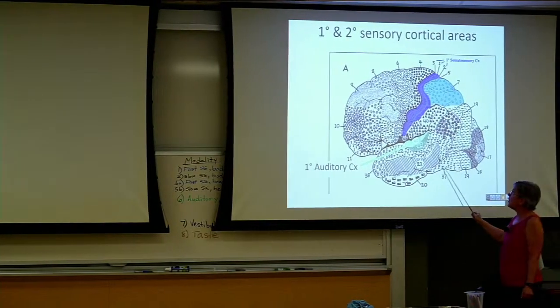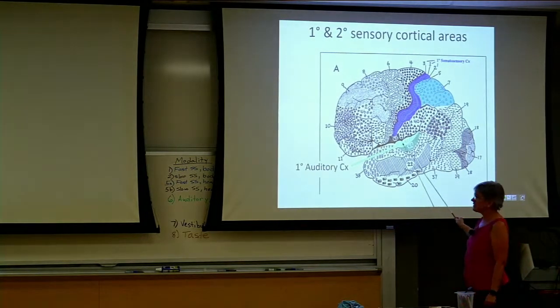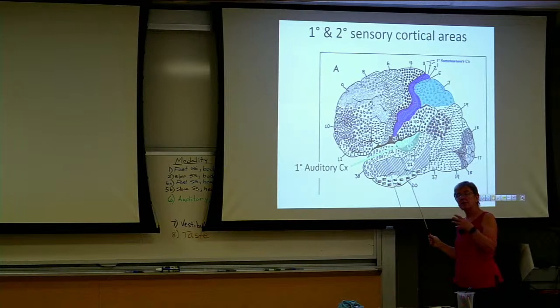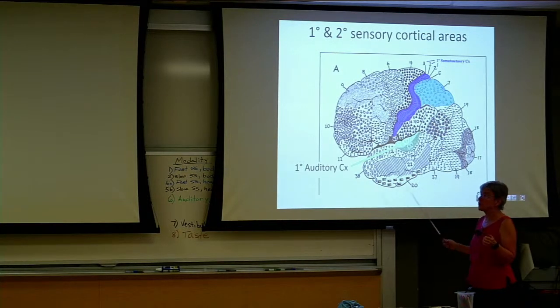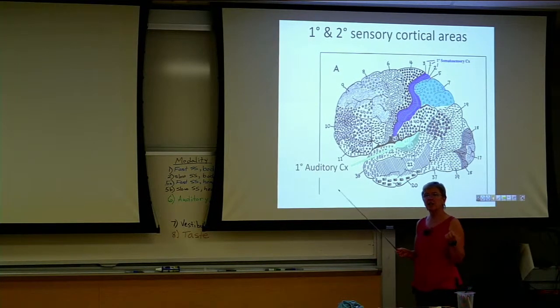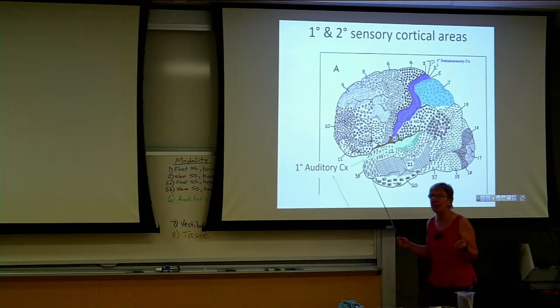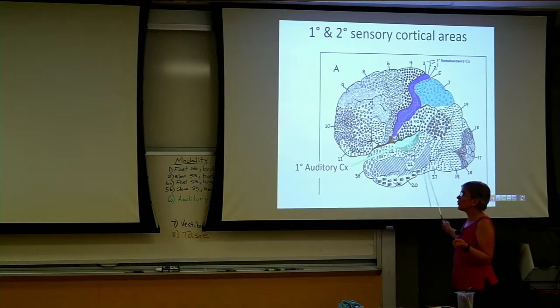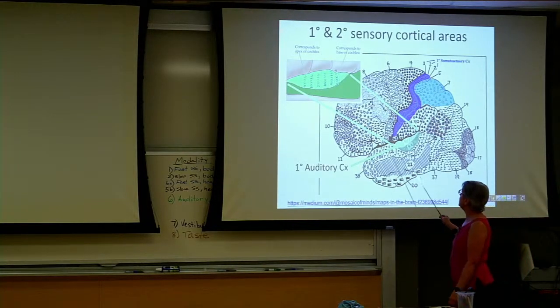And here is our primary auditory cortex. So those axons of the neurons in the medial geniculate nucleus will project to our primary auditory cortex. And just like we had a map for somatosensory systems of the body, the homunculus, we have a tonotopic map for the auditory system. And that's shown right here.